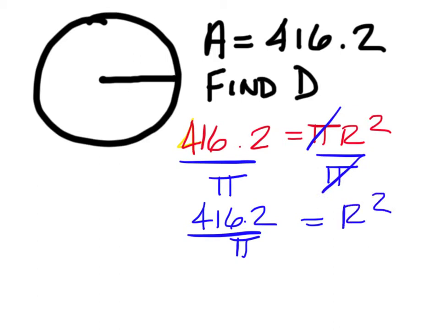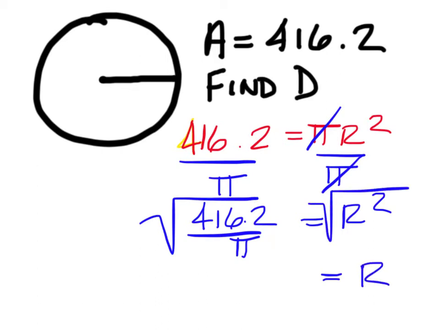And now you need the square root of both sides to get the r by itself. So square root 416.2 divide pi, right-hand parenthesis, and you should get 11.5. But if you double that, you get the diameter, which is 23.